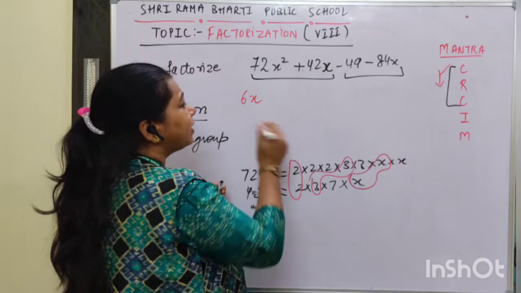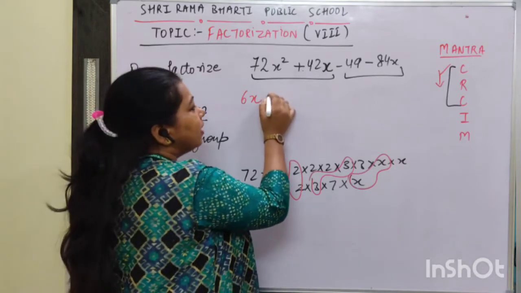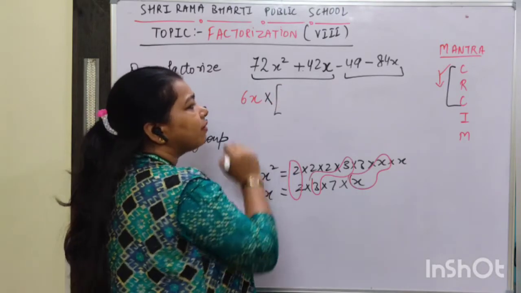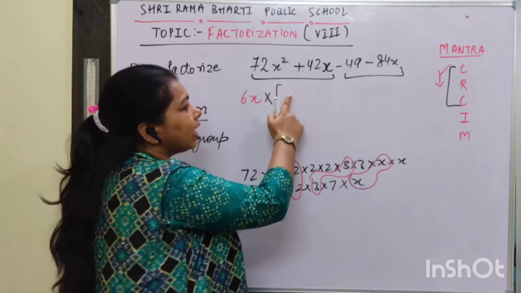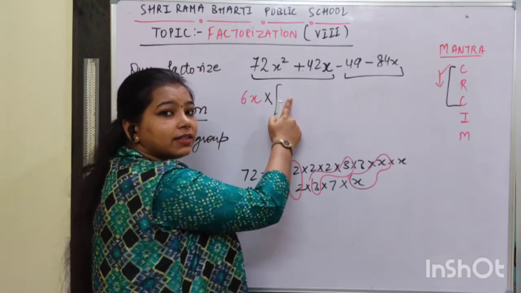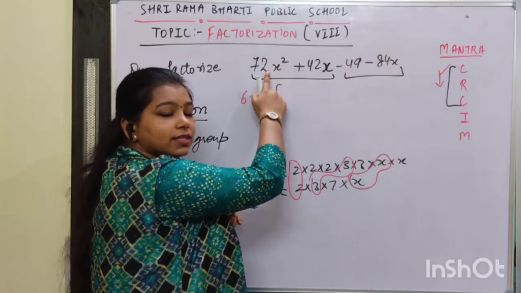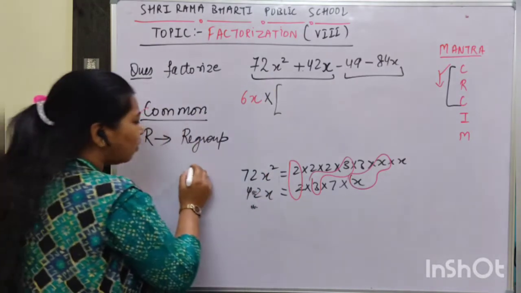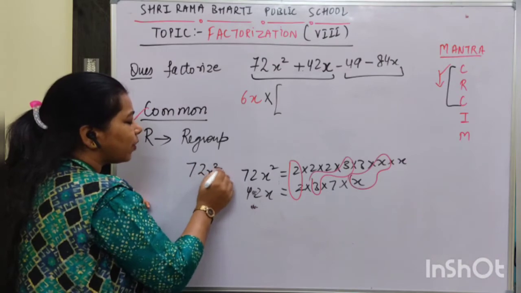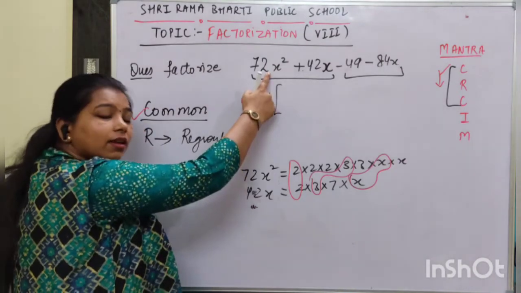Now, after taking the number common out, we will open the bracket. We have to write down the other factor by which it will get multiplied to give this to us. The way of doing this: 72x square is our first number.